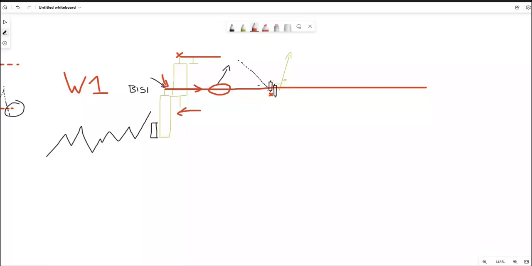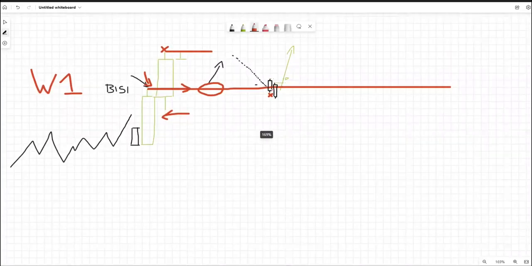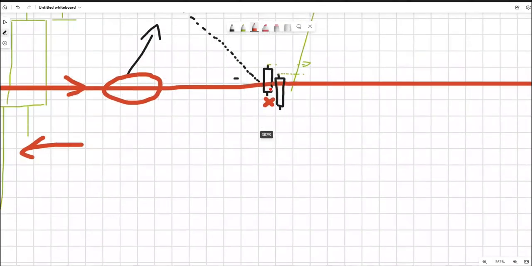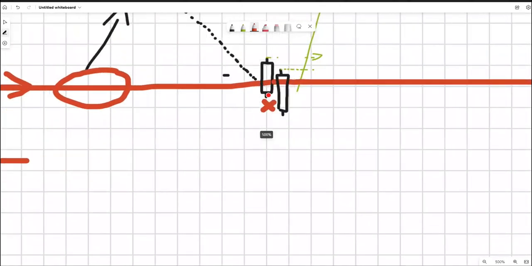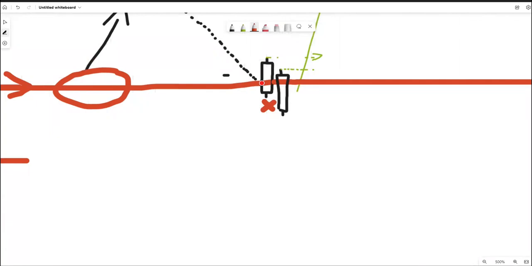And when it gets there, you are going into the lower time frame of 4 hour or 1 hour at the closure of the BISI, because you've set the alert, right? You've set an alert to remind you that this BISI is closed. And you're using the 4 hour or 1 hour down candle highs as a buy stop placement.